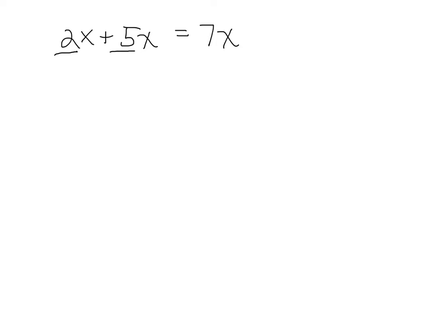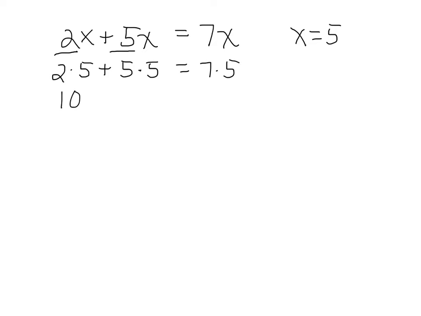First of all, I can just choose a number for x to represent. Let's say x is 5. If it works no matter what number I plug in, let's say 2 times 5 plus 5 times 5, does it equal 7 times 5? Is 10 plus 25 equal to 35? And the truth is yes, because this is always true.